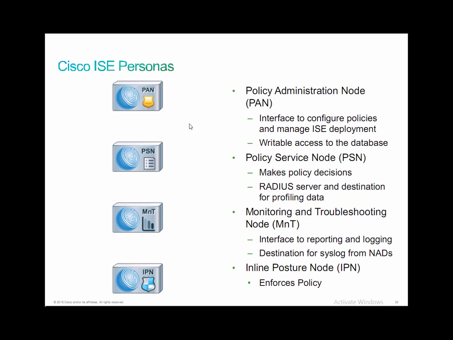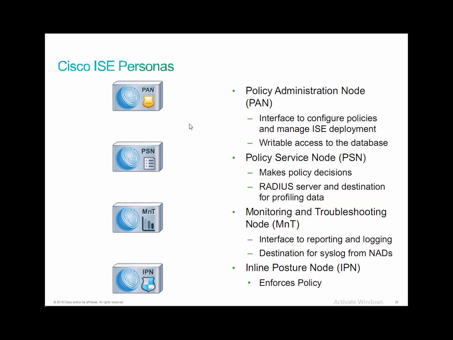It contains the user interface, and the administration persona is also responsible for pushing out configurations to other nodes if you have, say, a redundant distribution design or a distributed design model. Nodes that implement the policy administration persona are referred to as PANs, or policy administration nodes.